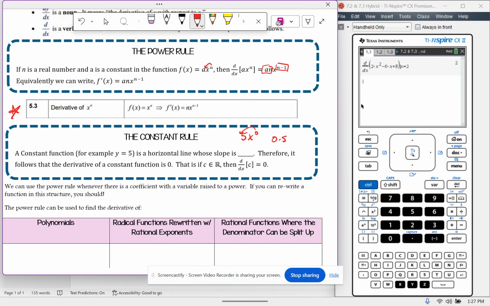If you want to think about it in a more mathematical sense, a constant function, for example, y equals 5, is a horizontal line whose slope is 0, right? So if you drew a tangent line anywhere along the curve of that flat line, what's the slope of the tangent line going to be? 0, right? Therefore, it follows that the derivative of a constant function is 0. That is, if c is an element of all reals, then the derivative of c is equal to 0.